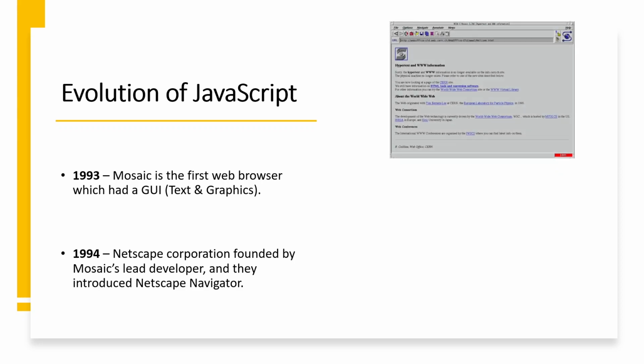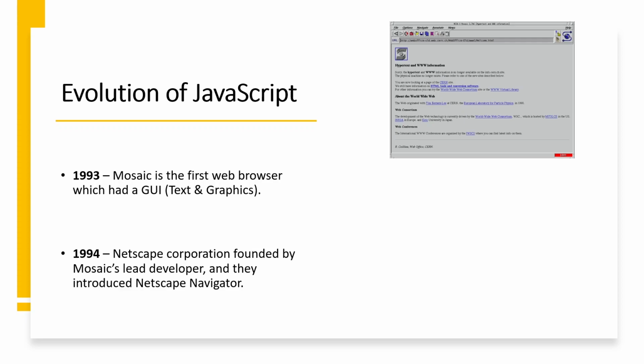You can see this is a picture of Mosaic. It is a kind of old one, but you can see the graphics and hyperlinks are there. Then in 1994, the Netscape Corporation, founded by Mosaic's lead developer, introduced Netscape Navigator, one of the most popular browsers of the 1990s.